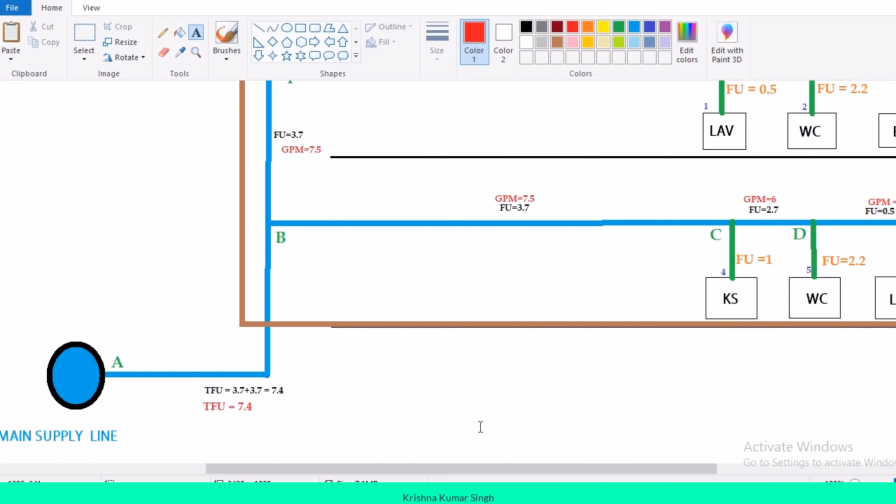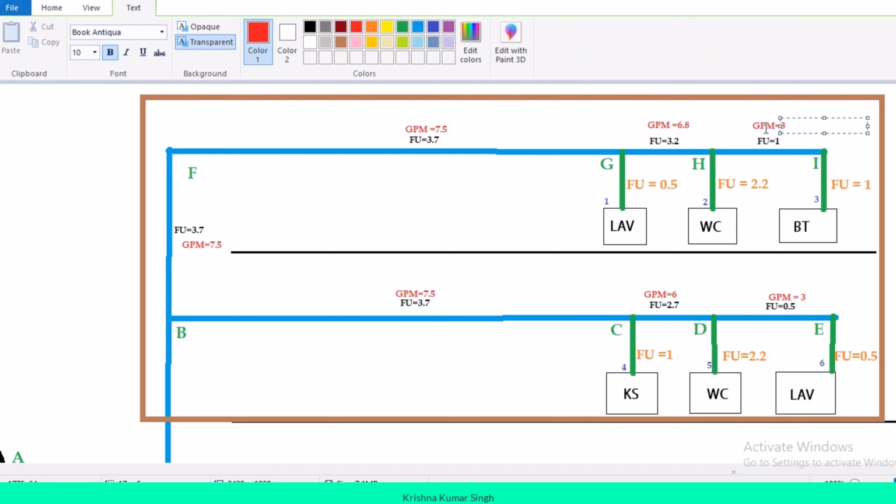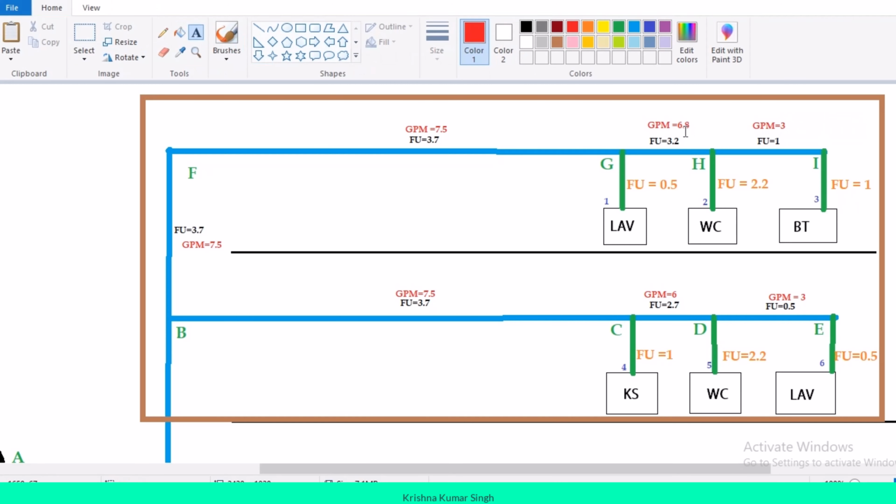If you do not convert fixture units into GPM, you will get wrong results. If you sum these GPMs, 3 plus 6.8 is 9.8, and here we have 7.5, then your answer will be wrong.